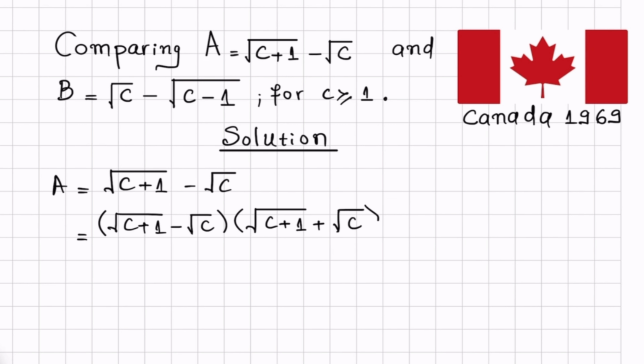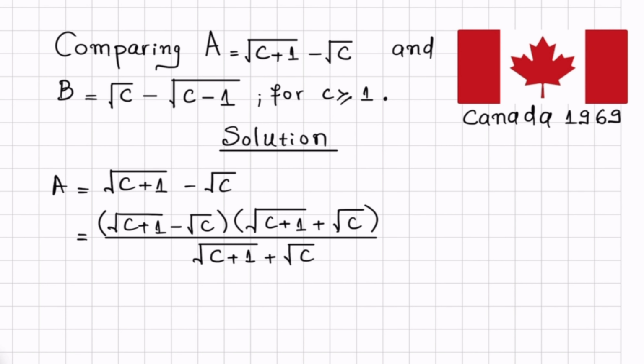So why do we have to multiply by the conjugate? Because we have to make this number into the form of a fraction. For the denominator, we also multiply by square root of c plus 1 plus square root of c to keep it balanced.